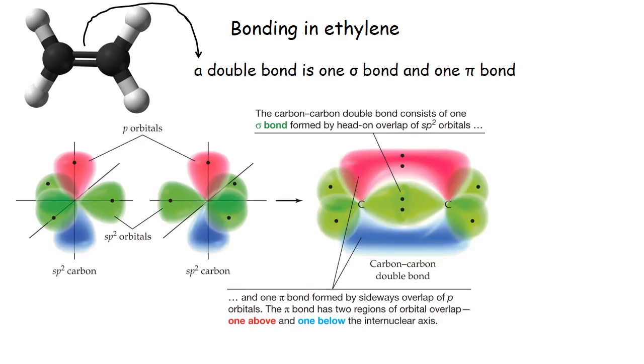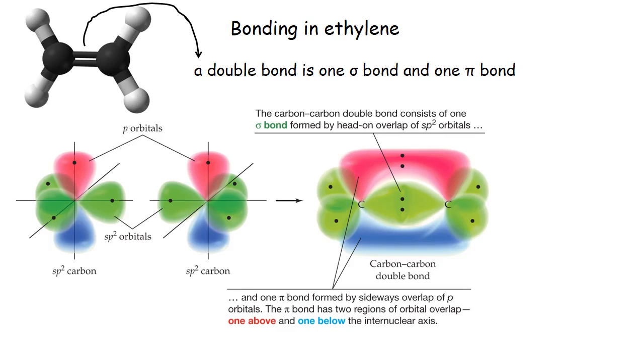If we look at the bottom, we have the 2 adjacent carbon atoms, and you can see the 3 green lobes are the sp2 orbitals. Those result from the hybridization of an s orbital and 2 different p orbitals. We have two different carbons, and that's why there are two different sets of orbitals there.